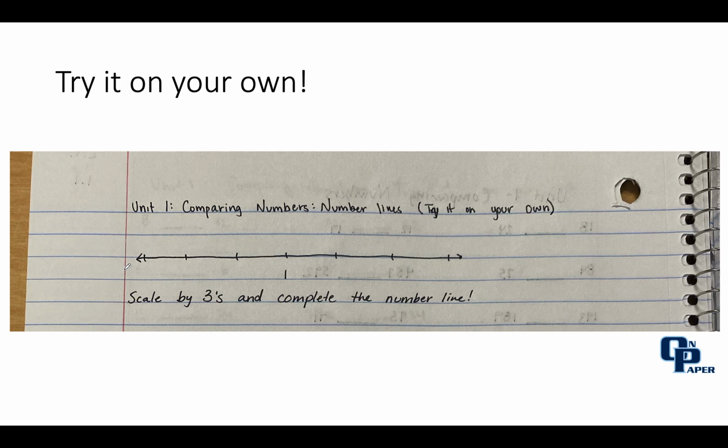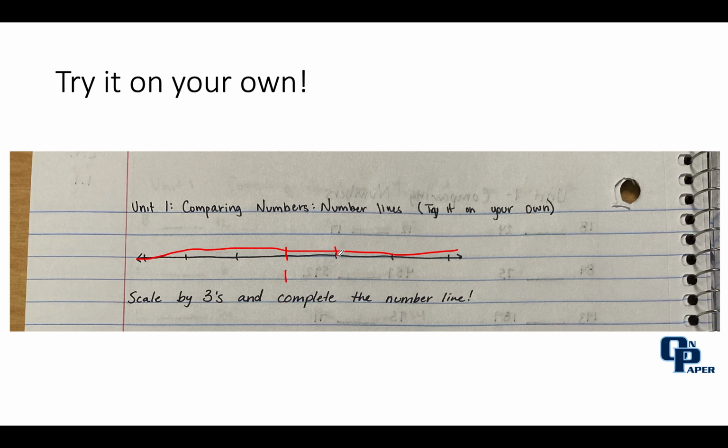And the first one we have, notice I spaced it out. Give yourself enough room, and you can go ahead and put your number line on a solid line on your notebook. So we have scale by threes and complete the number line. So I put 1 in the middle. I think the easiest way to draw these is to draw the straight across line, put your dash in the middle and put the number there.